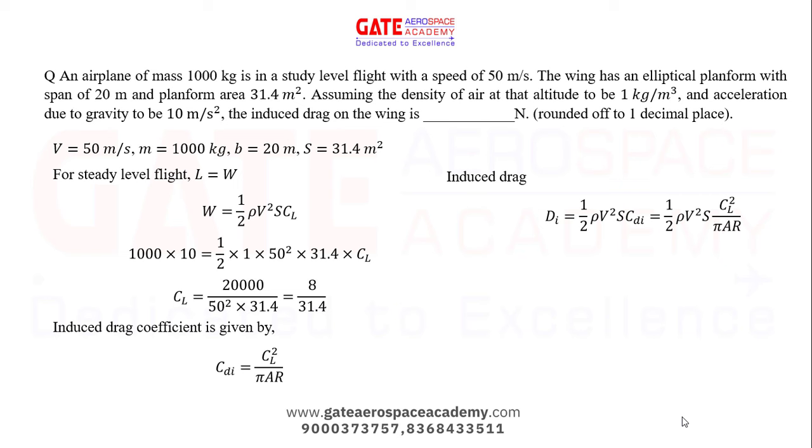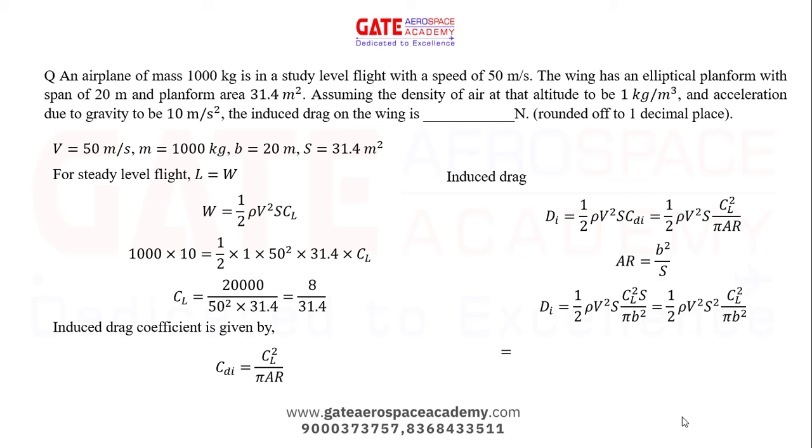Aspect ratio is equal to B square by S. So induced drag DI will be equal to half rho V square S into CL square into S upon pi B square, which is equal to half rho V square S square CL square upon pi B square.